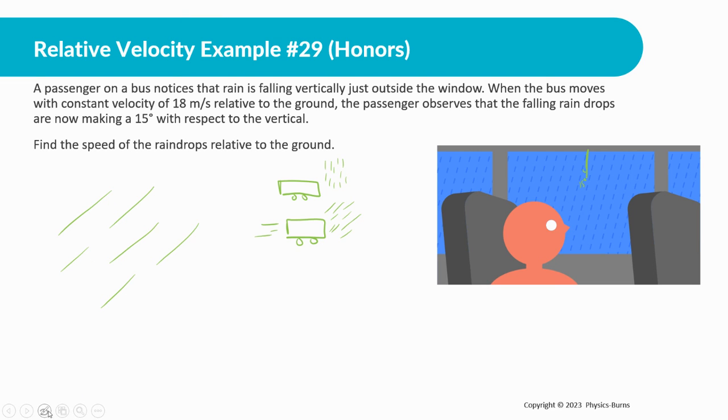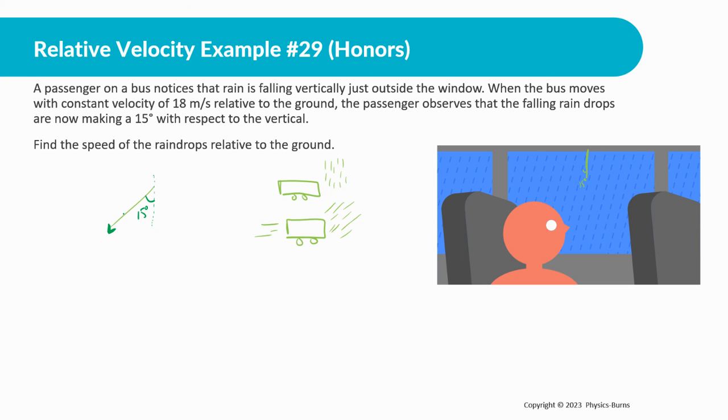And what we should also know, I'm going to change the color, is the angle that it makes, is 15 degrees. I'll just erase the other ones for now. So this is the raindrop that's going like this.